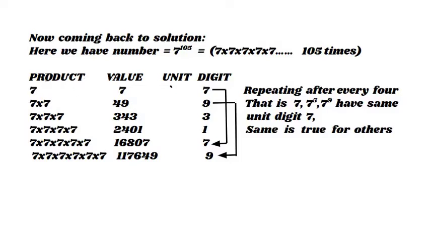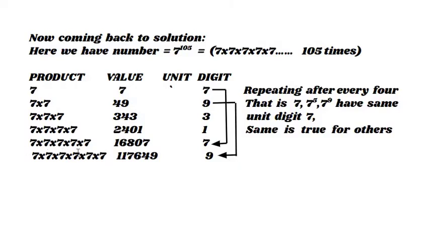For example, 7 multiplied one time is only 7, and the unit digit is 7. 7 into 7, that is 7 multiplied two times with itself, is 49 and its unit digit is 9. 7 into 7 into 7 is 343, whose unit digit is 3. Similarly, 7 raised to the power 4 is 2401 and its unit digit is 1.